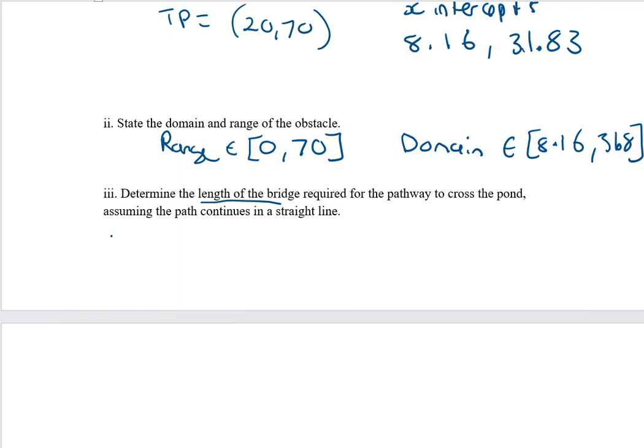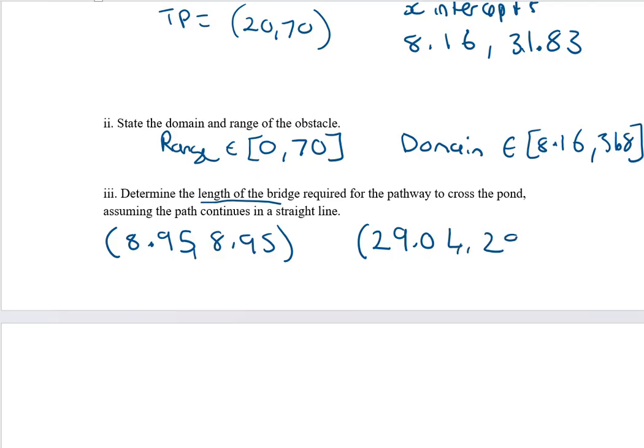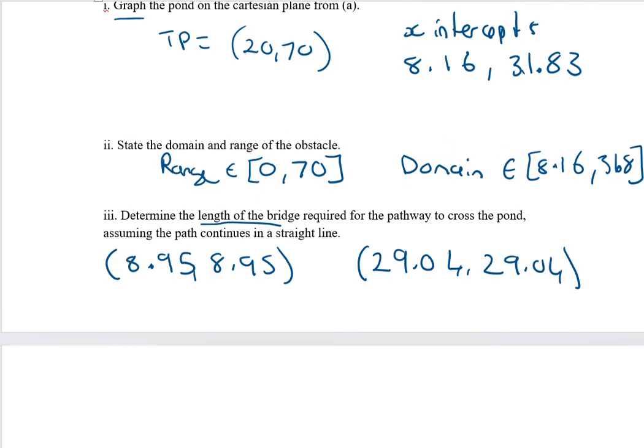So if I've done that, then straight away it's going to come up with the answer of 8.95 and 8.95. That is the first point that it's crossing. The second point is going to be 29.04 and 29.04.